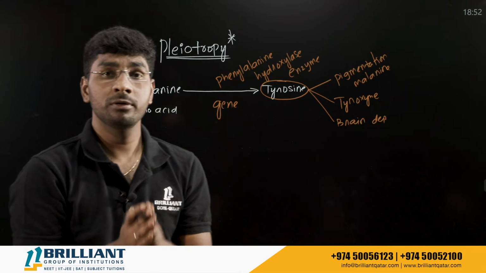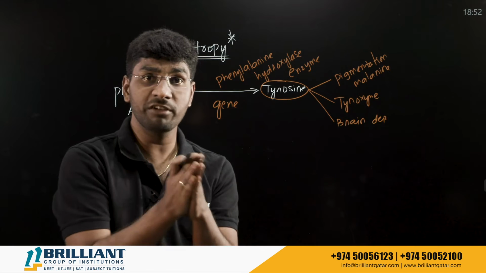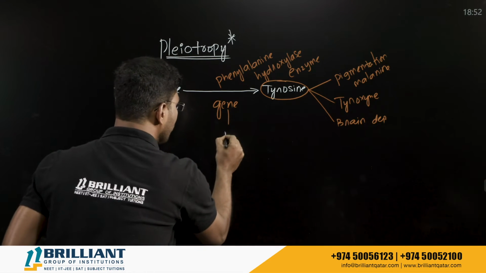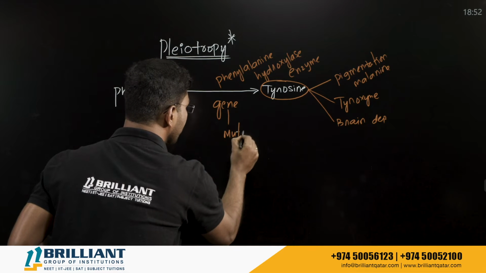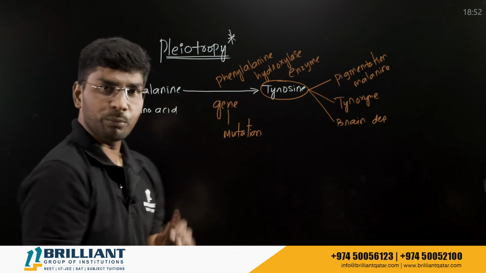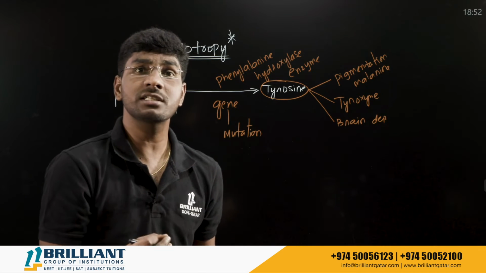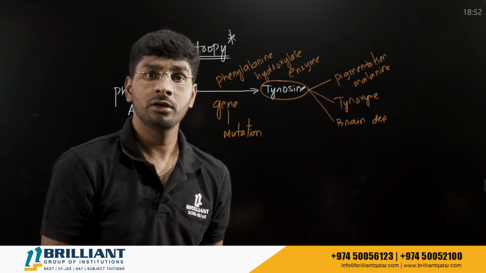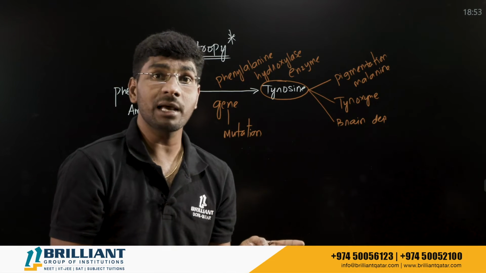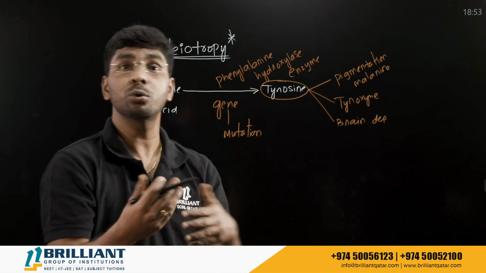What happens now? The gene which is going to give phenylalanine hydroxylase enzyme undergoes mutation. So when this gene undergoes mutation, phenylalanine hydroxylase enzyme will not be synthesized by the liver. If there is no phenylalanine hydroxylase enzyme, phenylalanine amino acid will not convert into tyrosine.